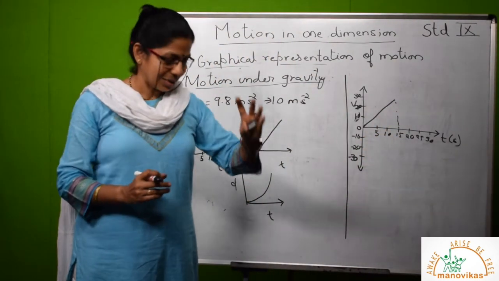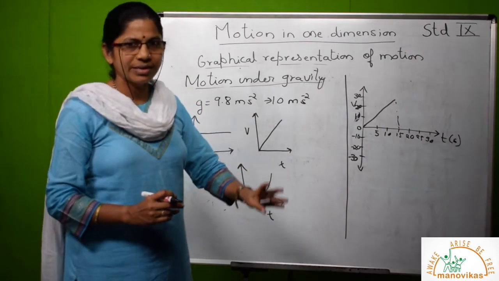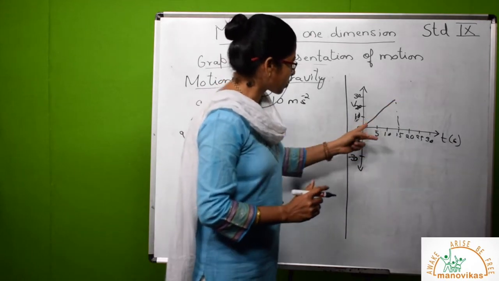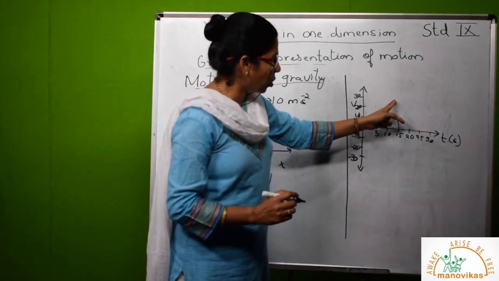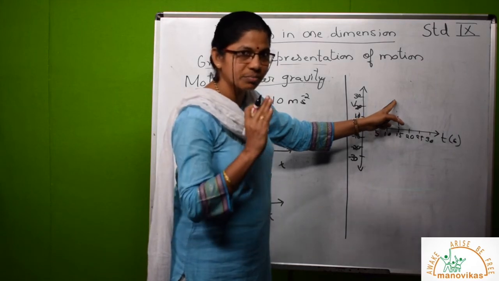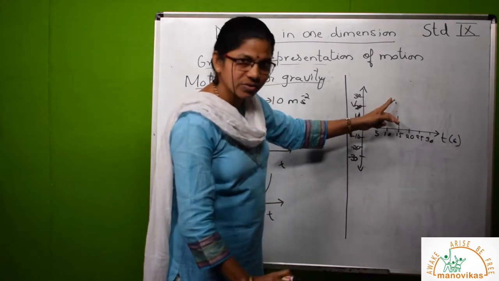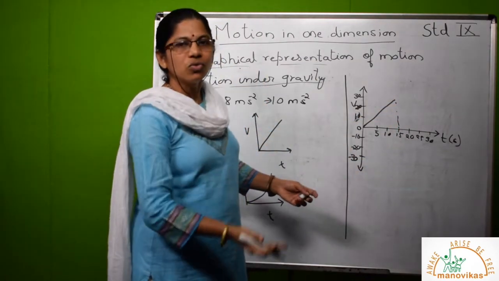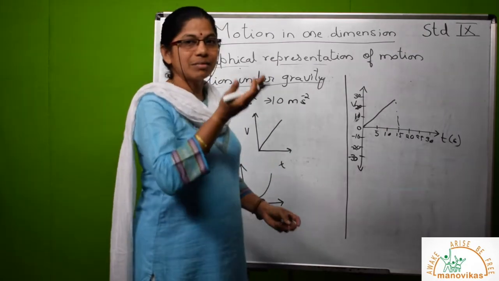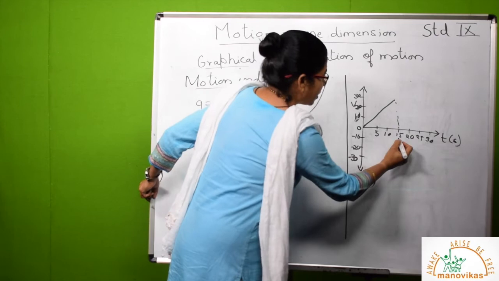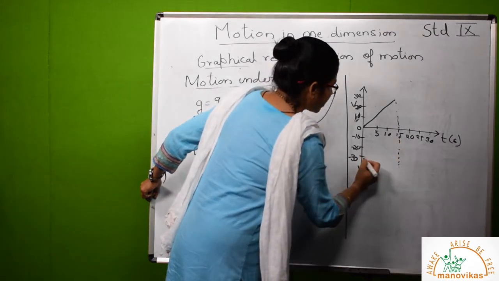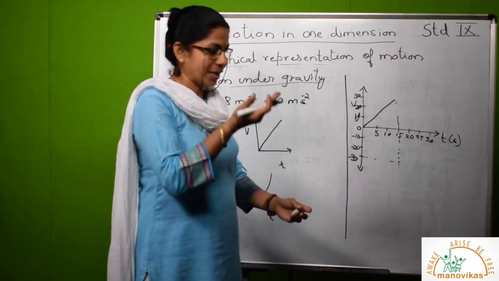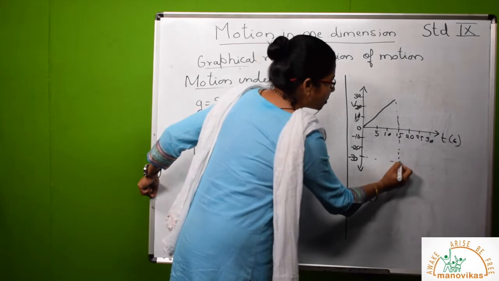The moment the ball reaches the ground, its velocity will become 0. The ball is over here, which is maximum velocity. The moment it reaches the ground, velocity will become 0 and then it will rise. As it is rising, you find velocity is again changing but in the negative direction. It's slowing down, in fact. So I can start it from here.